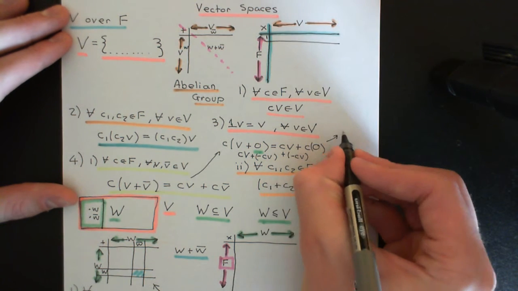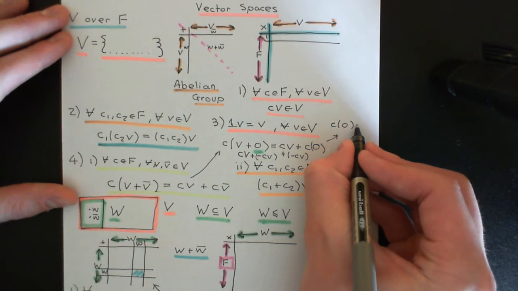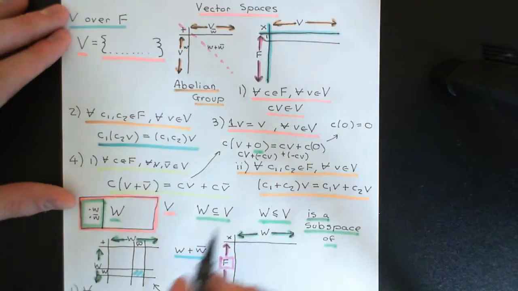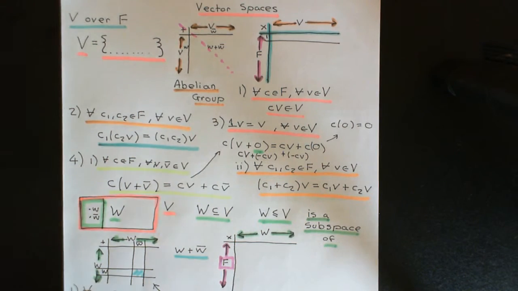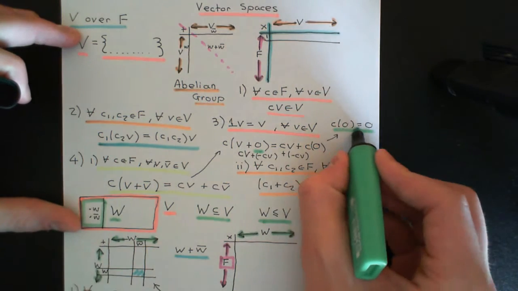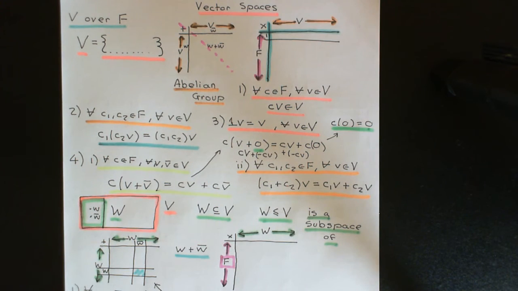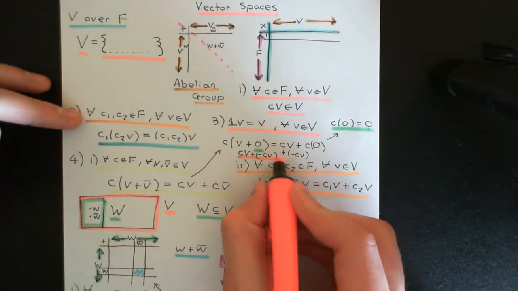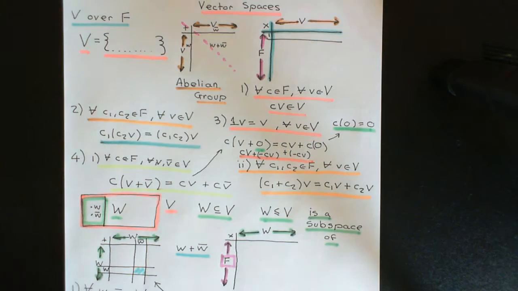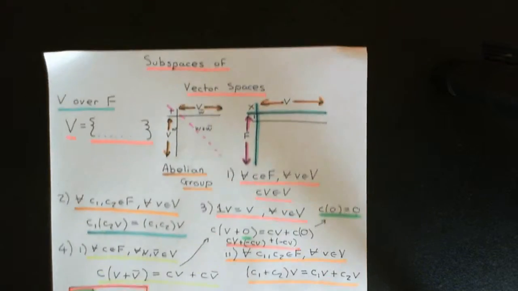So this becomes C times 0, the zero vector, is just equal to the zero vector. And remember, I set no condition on what C was equal to. This is true no matter what element of the field you're using, little c. So any element of the field scalar multiplied by the zero vector gives the zero vector back again.